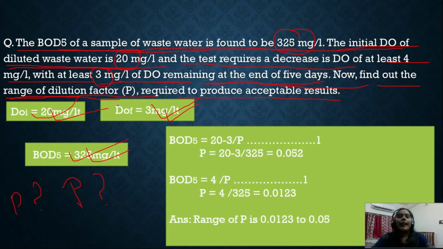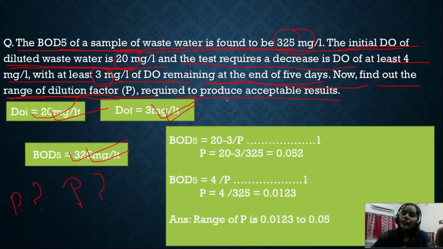Understand? Now, second question: for this numerical, which equation do we have to use, the modified test equation or the previous test equation? For this case, look here, we don't have any data regarding bottle 2 or regarding the seed water sample.